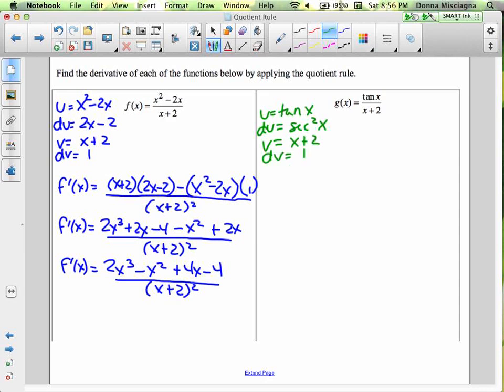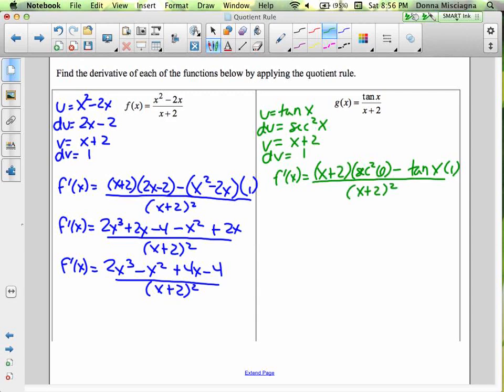All right, so f prime of x is equal to the denominator, x plus 2, times the derivative of the numerator, secant squared x, and then minus the numerator, which is tangent x, times the derivative of the denominator, so times 1, all divided by the denominator squared.